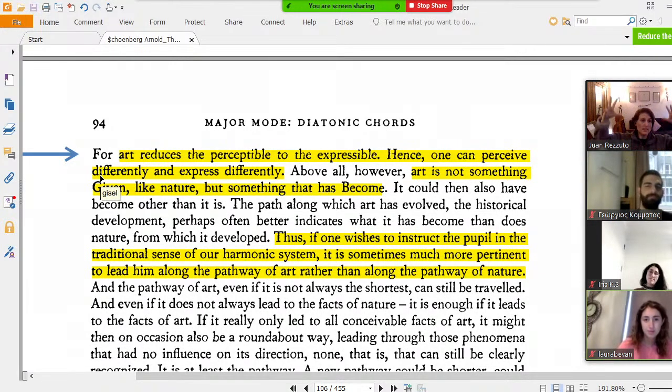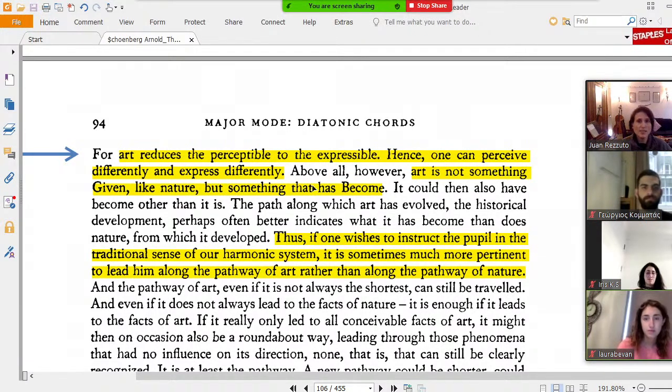What we can perceive in its totality, we just have to reduce it throughout to what we can express. To our filter, let's say. Hence, one can perceive differently and express differently. That's why we have so many pieces of art, because everyone has his own filter.